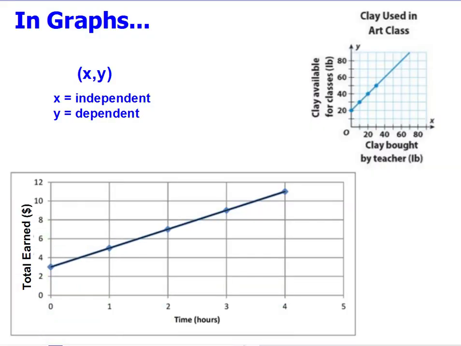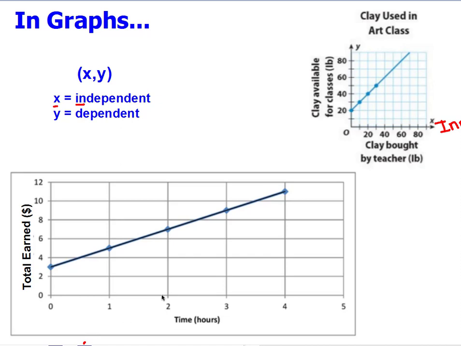Now let's identify them in graphs. So here I have x and y. Remember, x is independent and y is dependent. Let's look at this graph where it says clay used in art class. It's already labeled for us. So this is the x-axis and this is the y-axis. The x-axis, we know, is our independent variable.